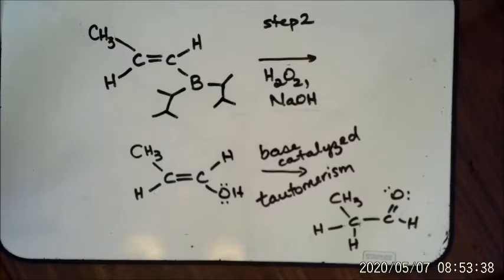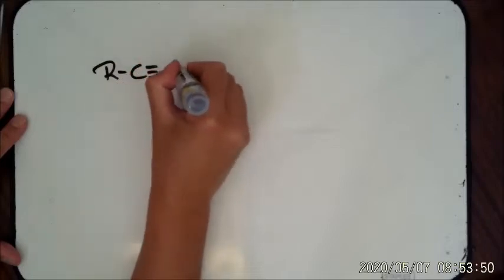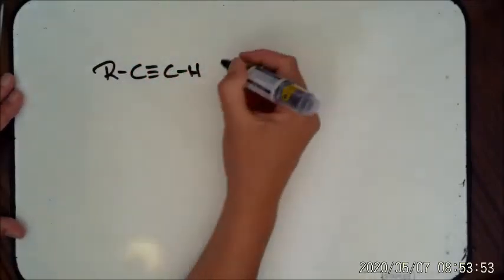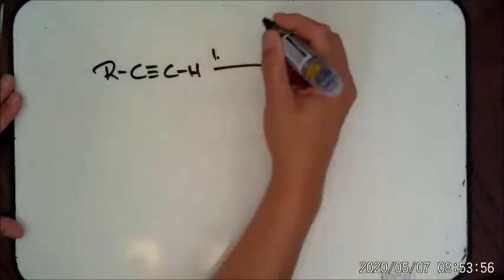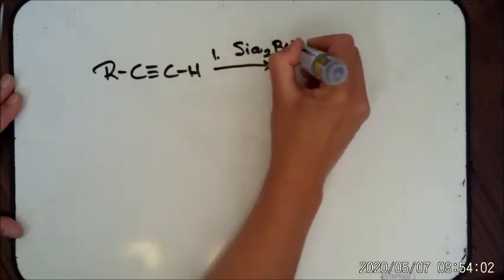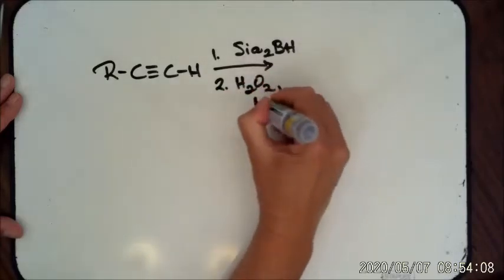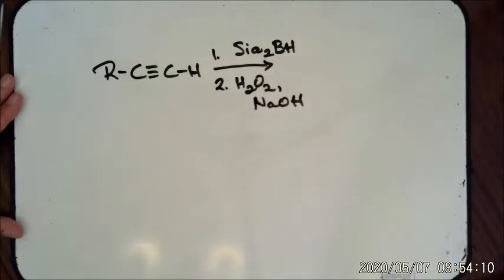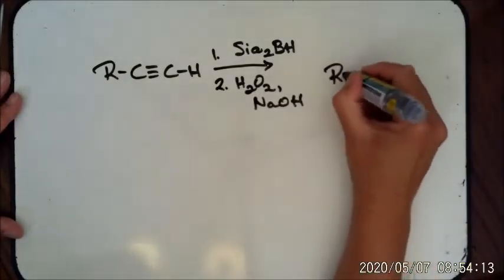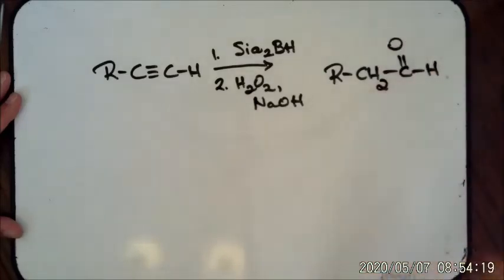Let's go ahead and summarize this really quick. If I take the terminal alkyne and I add in my disecondary isoamyl borane, and then step 2, hydrogen peroxide and sodium hydroxide, my final product will be an aldehyde.